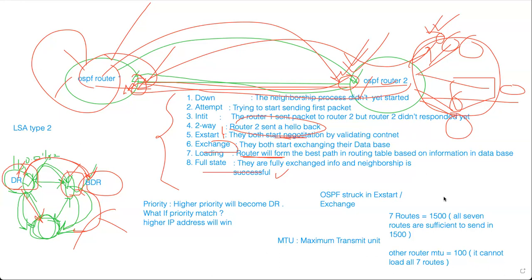So if there is a mismatch in the MTU, the messages are not fully exchanged between the routers. In that case, what will happen, guys? The databases will not be exchanged and the OSPF neighborship will not form. So that will happen in the real-time world. So you have to make sure the MTU is matching on both sides.